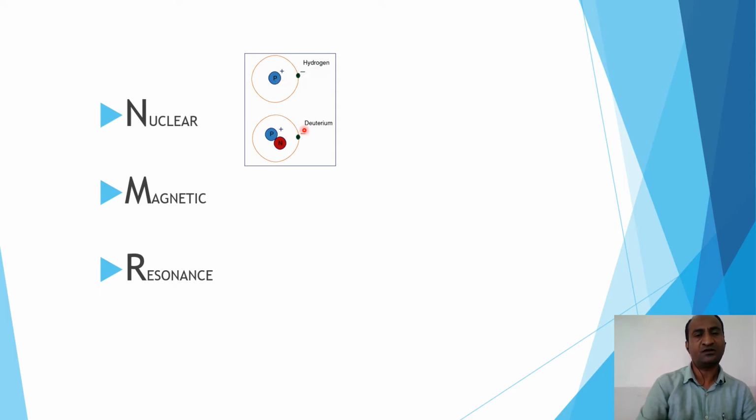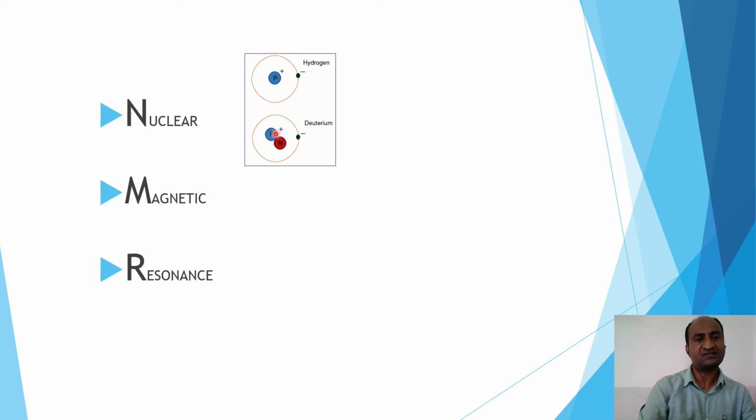If we consider the isotopes of hydrogen, that is deuterium, also known as 2H. In deuterium, besides the proton there is also a neutron. One proton plus one neutron, 1 plus 1 is 2, the atomic weight is 2, so this is deuterium. So inside the nucleus we are finding the resonance of protons in the case of hydrogen or deuterium.